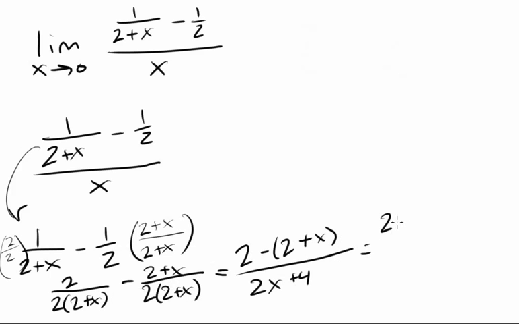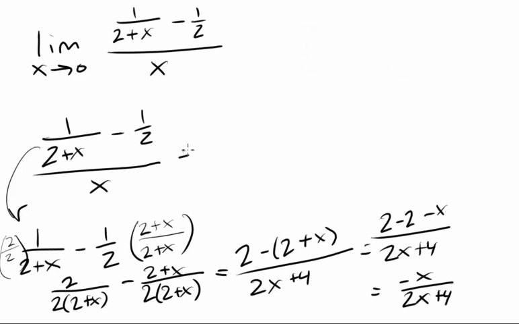We get 2 minus x over 2x plus 4. 2 minus 2, they cancel out, so then we get minus x over 2x plus 4. And that's just the numerator. So this is equal to minus x over 2x plus 4, over x. Don't forget that this was just the numerator we're working on, and we've turned this numerator into this.